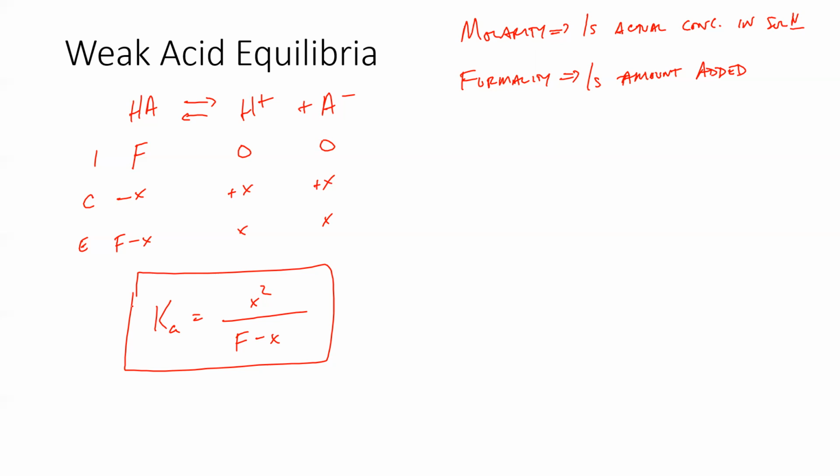Because this doesn't really work if our formality is very, very low concentration. As F and Ka get closer together, we can't really ignore that minus X, and so we have to worry about other things. Also, as F gets very low, we have to worry about Kw and the H plus that's in our solution.